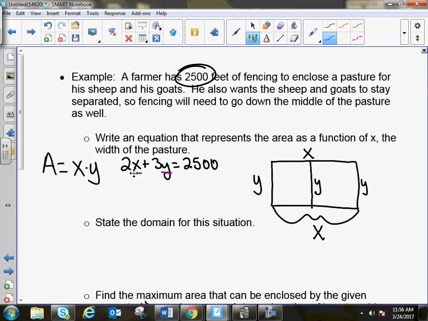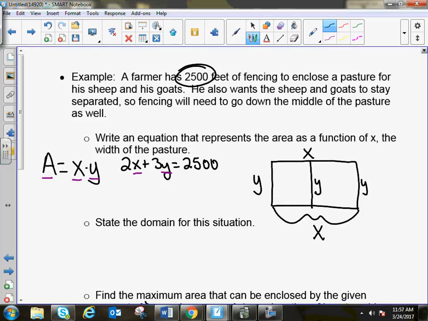Both the x, y, and the area are unknown. So what we're going to do is take our equation that only has two unknowns, I'll call it the perimeter equation, and solve it for, and it doesn't matter, x or y. I'm going to solve for y, just because that's what we usually do.